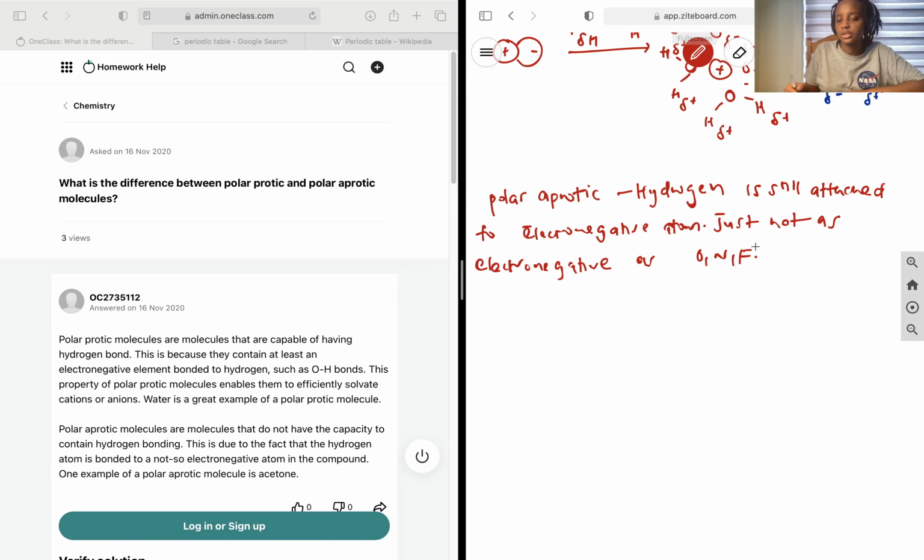And a good example of this is actually in our organic compounds, where we have hydrogen attached to carbon. So let's take the example of acetone.